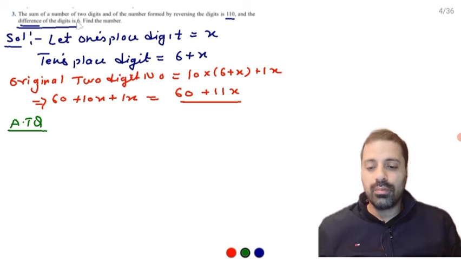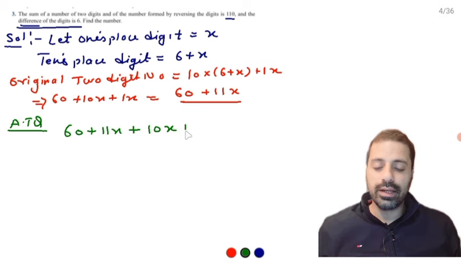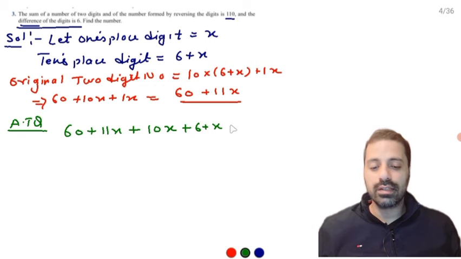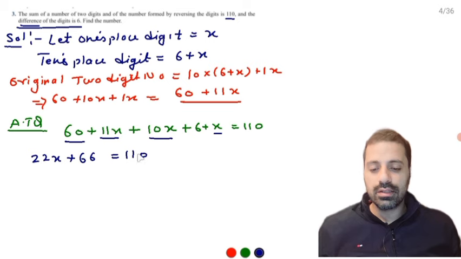The sum of a 2-digit number and the number formed by reversing it, that is, 10 multiplied by the ones place digit and 1 multiplied by the tens place digit, which is 6 plus x. Their sum is 110, as given in the question. Now simplify this: 11x and 10x and 1x will be 22x, 60 and 6 will be 66, equal to 110.